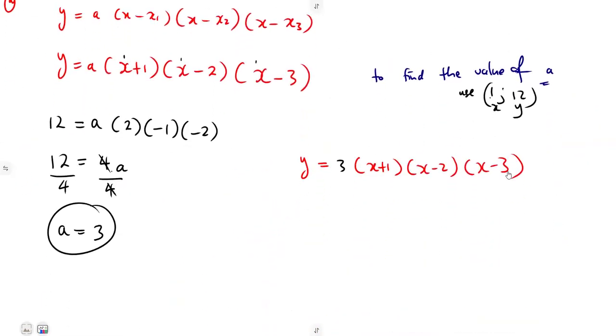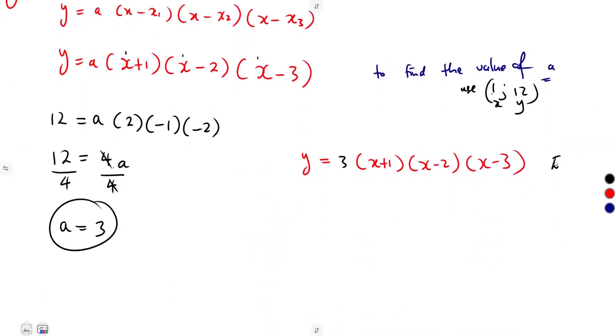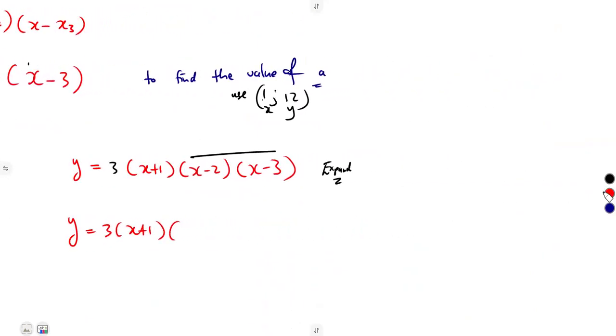So let us expand our brackets and simplify. Let us start with these two brackets. It was y is equal to 3 into x plus 1 into the bracket of x minus 2 and that of x minus 3.